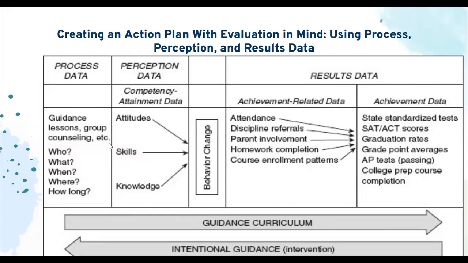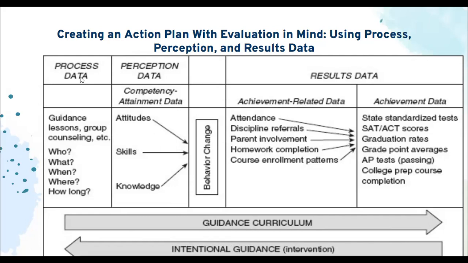This diagram should look somewhat familiar. It's actually the same diagram that Professor Solis shared with us that first day of class that we met in person. So looking at the process data, perception data, the behavior change of the student, and then the results data here, I'm just going to give you an example.